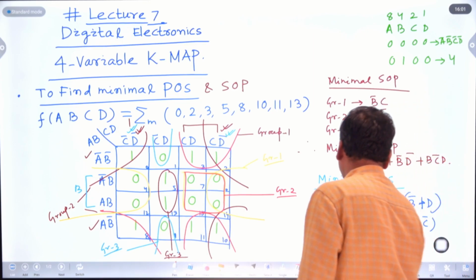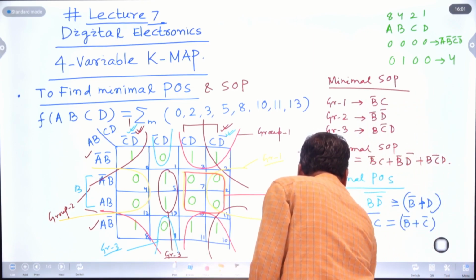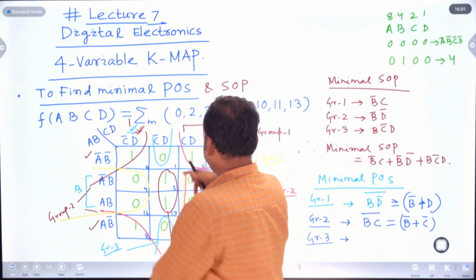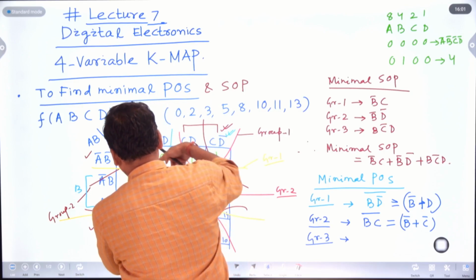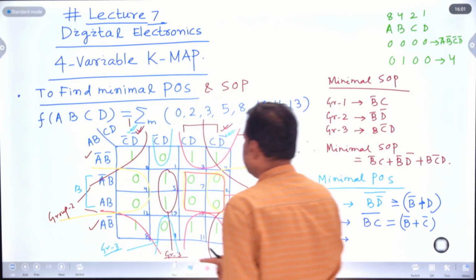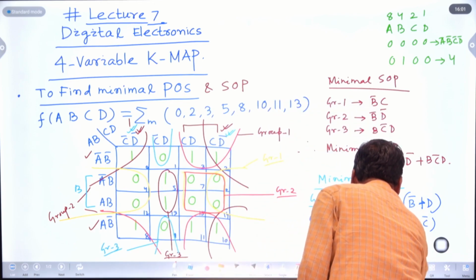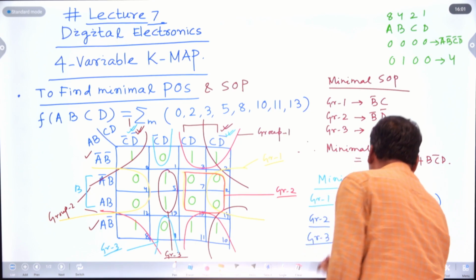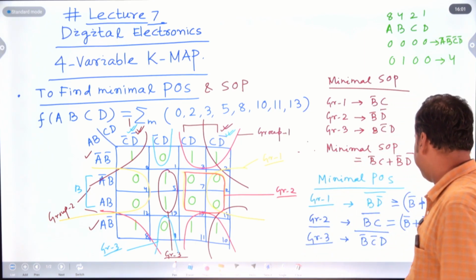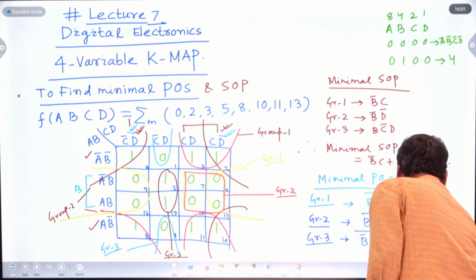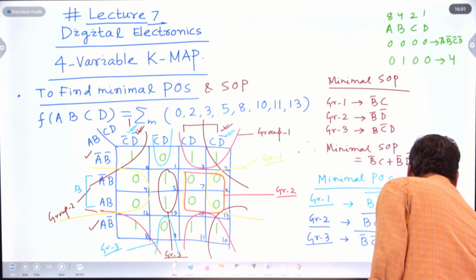Then group 3. In group 3, there is a pair. The common is B bar, C bar, D. Whatever you got, simply put the complement, and the value is B plus C plus D bar.